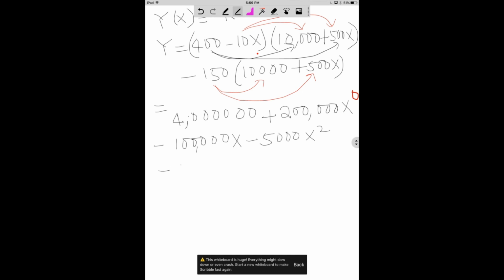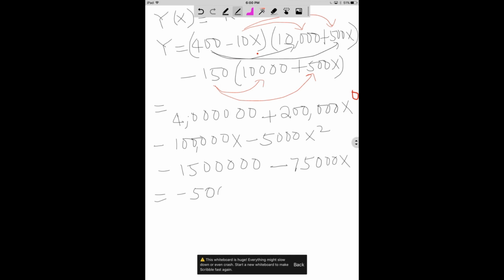Then negative 150 times 10,000 is 1,500,000, that is 1.5 million. Then 15 times 5 is 75, then you need to add 3 more zeros, negative 75,000x.